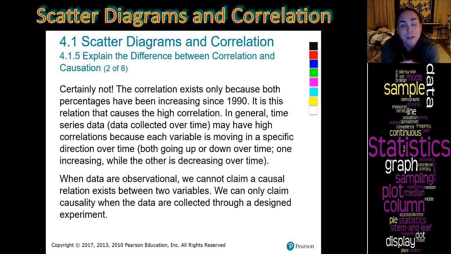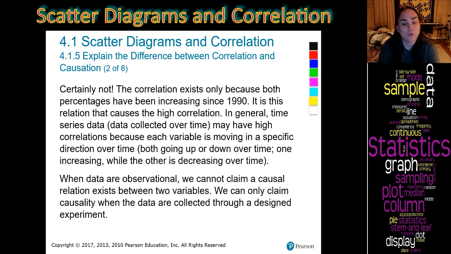More women have been getting bachelor's degrees, and more women have been having births while being unmarried. More women are getting bachelor's degrees because of the changing workforce, and more women are having children without being married because of the changing familial dynamics that have happened over time.